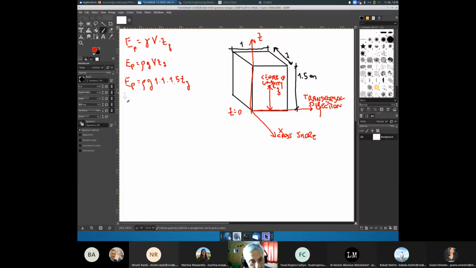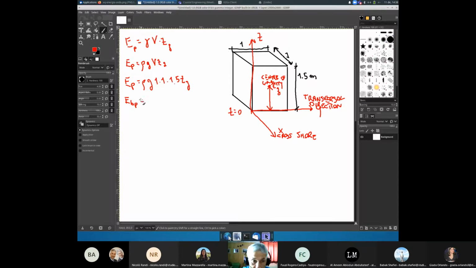Now, let's compute the energy per unit horizontal area. In this case, it doesn't change much because the horizontal area is the product of 1 times 1. You see, it's the product of the size in the transversal direction, which we indicated with Y, times the size in the cross-shore direction or longitudinal direction, which is again 1.